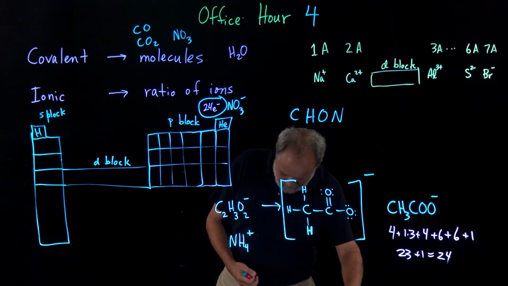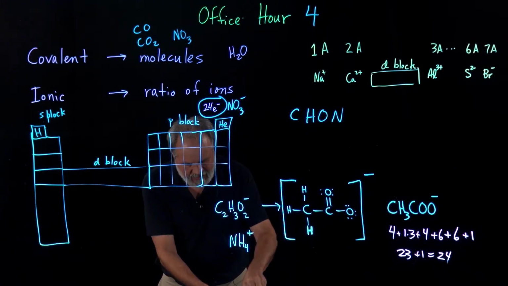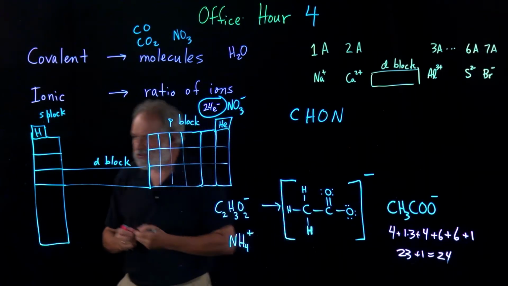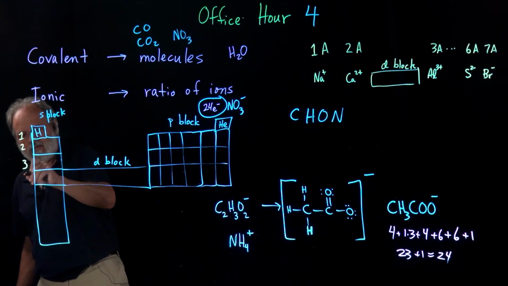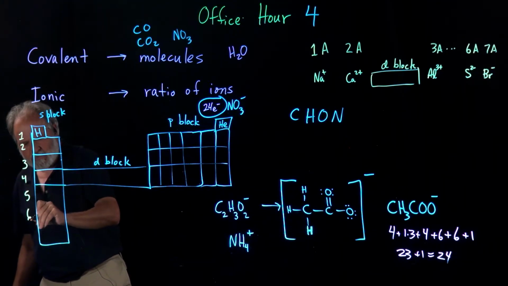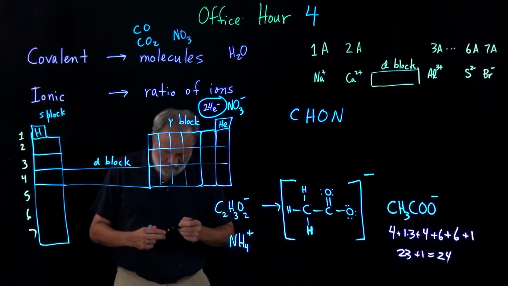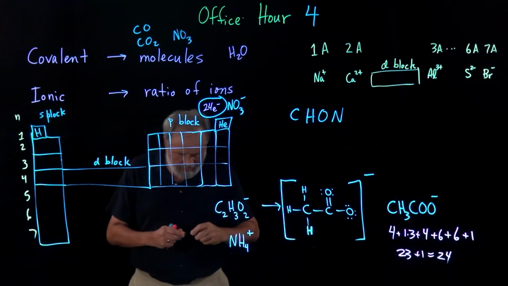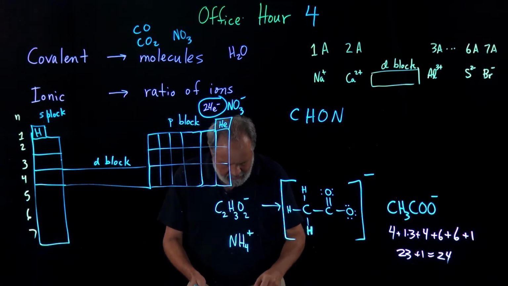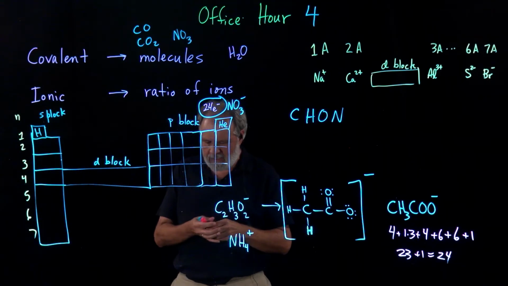When you look at the periodic table, you should see a series of numbers at the side. It's the shell number, N: 1, 2, 3, 4, 5, 6, 7. And that's the N quantum number, and that determines more or less the major part of the energy.